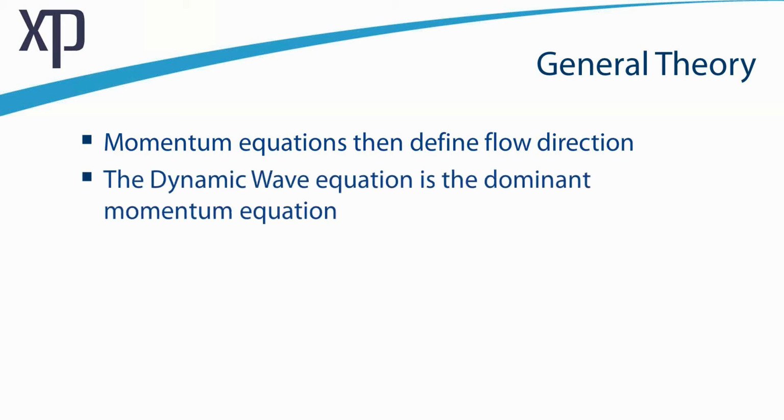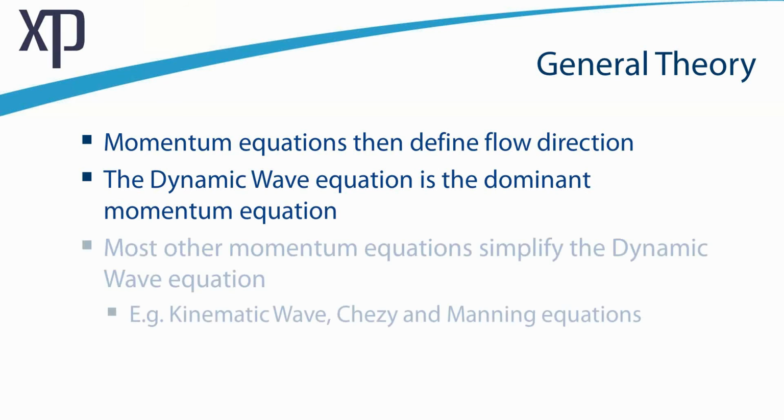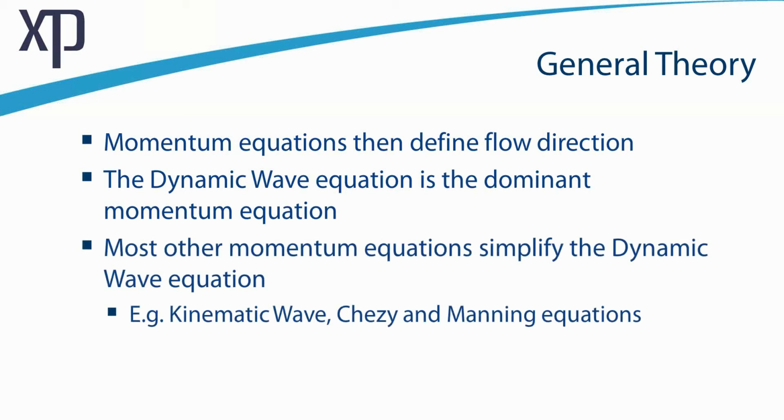That equation was derived a couple of hundred years ago during the 1800s, and other equations that are very familiar to stormwater engineers, such as the kinematic wave, Chezy's equation, and Manning's equation, were all fundamentally derived from the dynamic wave equation in the ongoing development of hydraulic calculations.